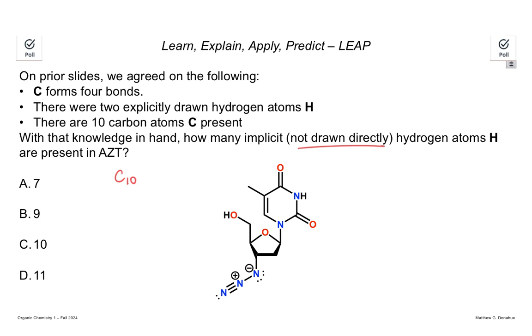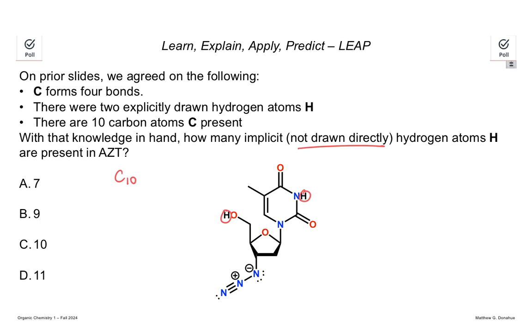So we have the 2 explicitly drawn ones there and there. One's bonded to O, one's bonded to N. And what we have to do is go to each of those identified carbons and then apply these questions.